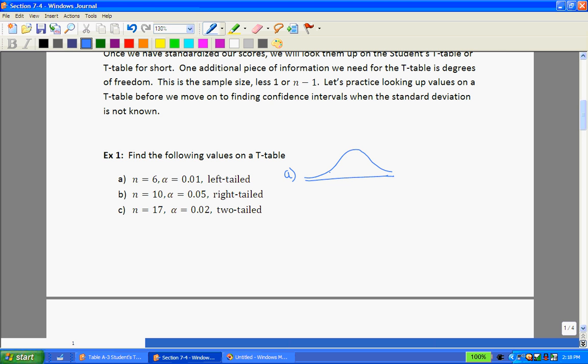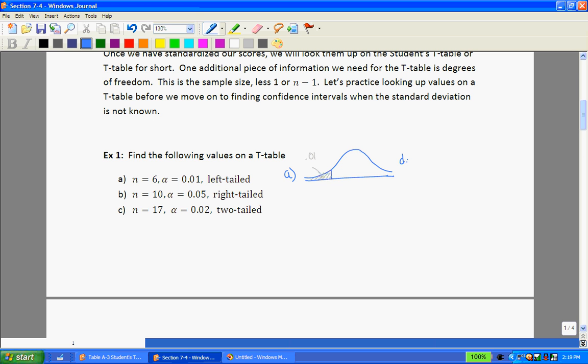And if we're in the left tail, that means we're somewhere over here, and this alpha of 0.01 is telling me that the area in the tail is 0.01. So something really small. Maybe my picture is not quite to scale, but I for sure know that we are on the left. So we know the area there is 0.01.